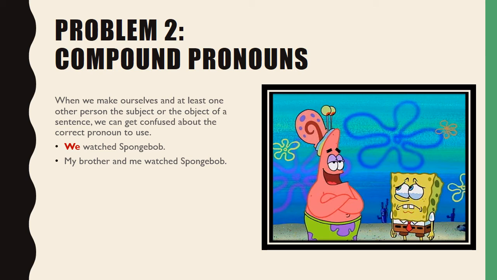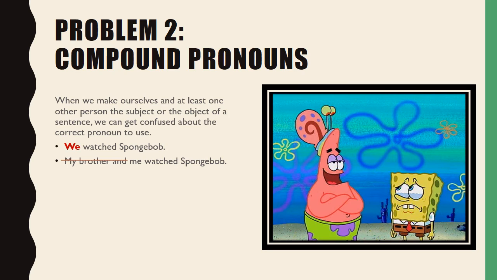But this is actually a problematic compound pronoun. The compound pronoun is "my brother and me." It's used incorrectly, because if we take "my brother and" out and we just read that sentence, then that sentence sounds really, really goofy, right? "Me watched SpongeBob?" No, we wouldn't say that.